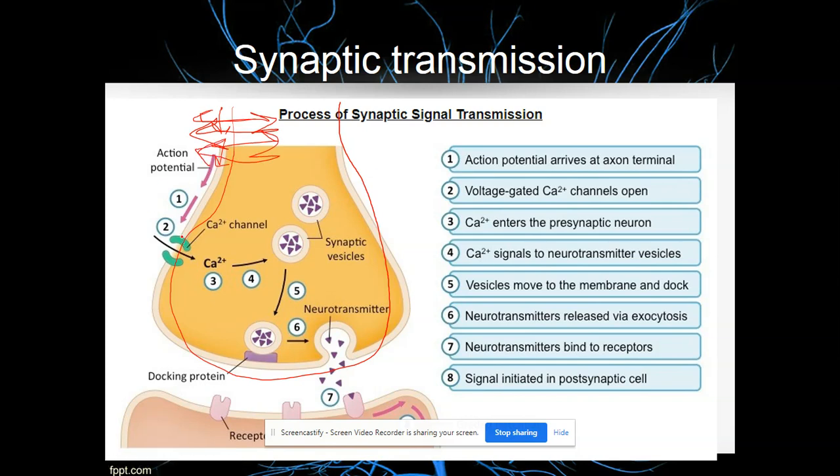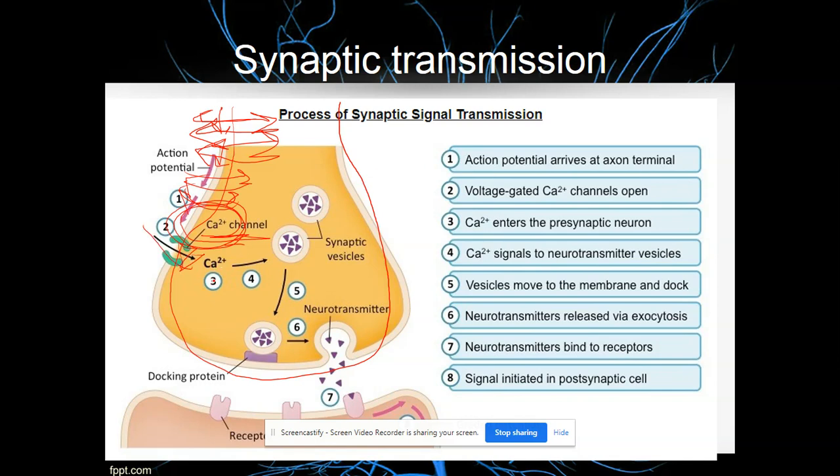And then we get down here, and instead of sodium and potassium, we're going to add yet another ion. Now I have a calcium channel. So that action potential, again, sodium in, potassium out, sodium in, potassium out, calcium comes on in.